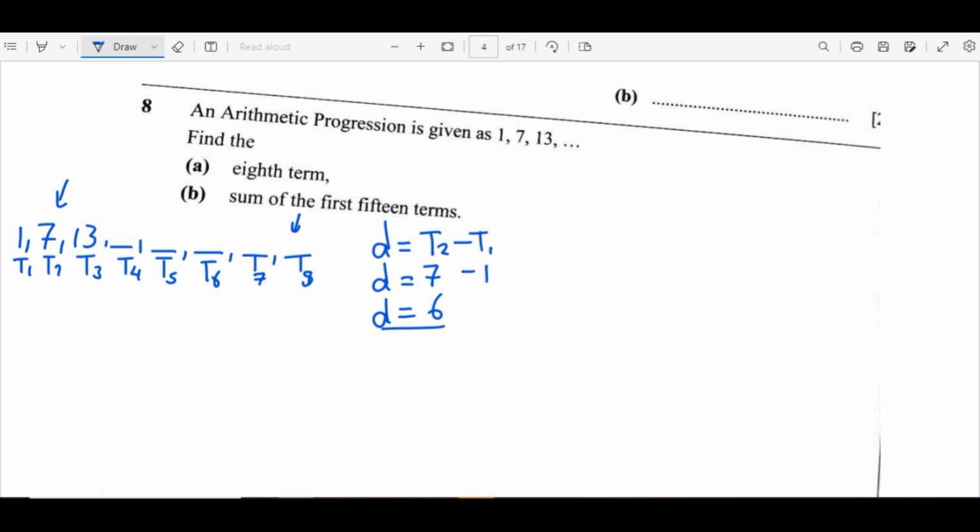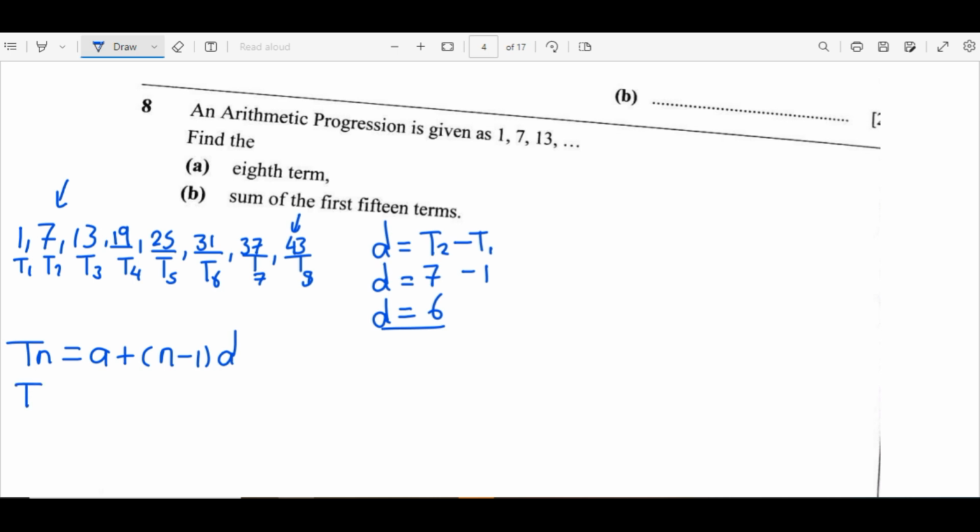1 plus 6 is 7, plus 6 is 13, plus 6 we have 19, plus 6 is 25, plus 6 is 31, plus 6 is 37, plus 6, this should be 43. 43 is our 8th term. Or if you want, we can use the nth term formula. Tn is equal to a plus n minus 1 times the common difference.